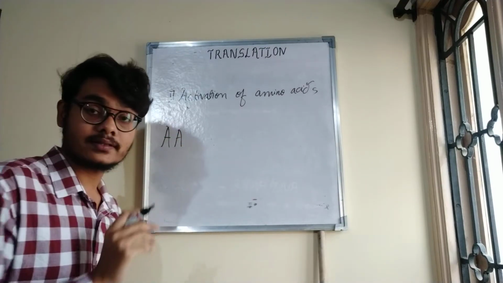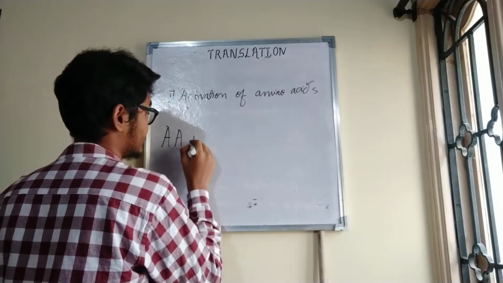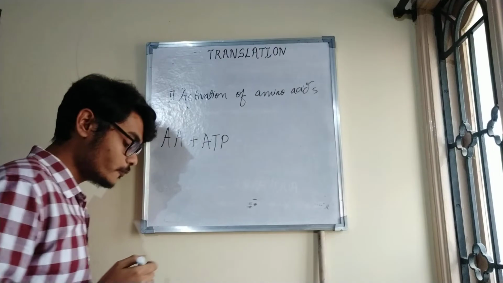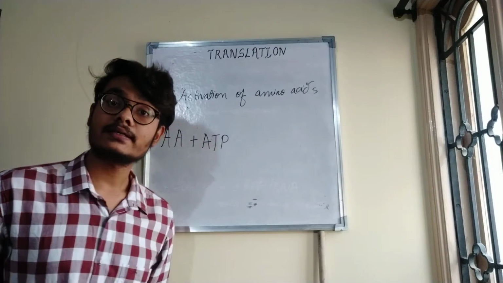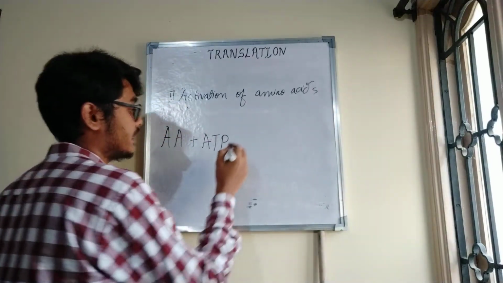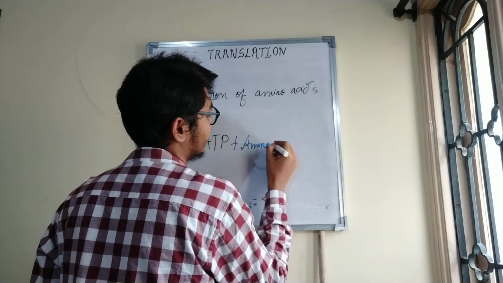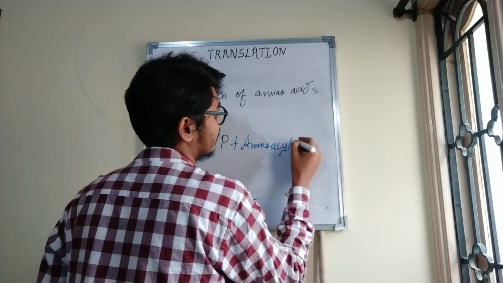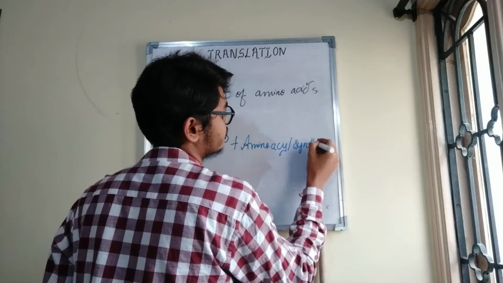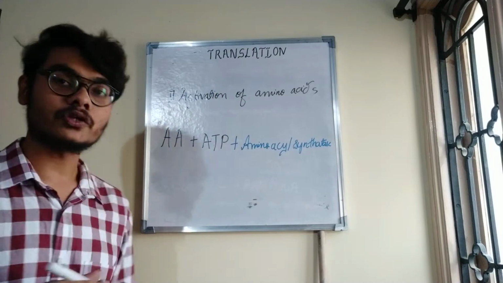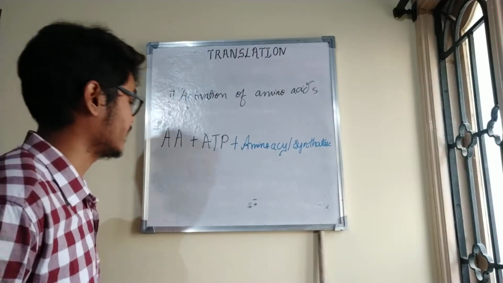Now to activate this, firstly I need the energy currency, that is ATP. Along with that, we need an enzyme. That enzyme is amino acid synthetase. This is the enzyme that's being used in the activation of amino acids.